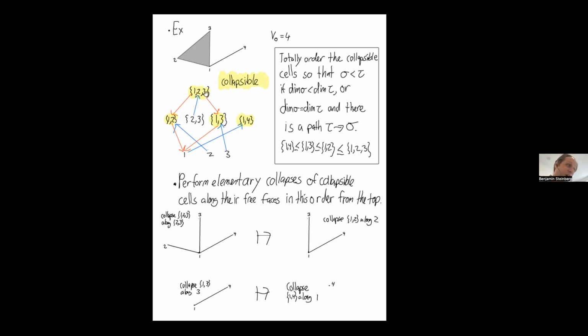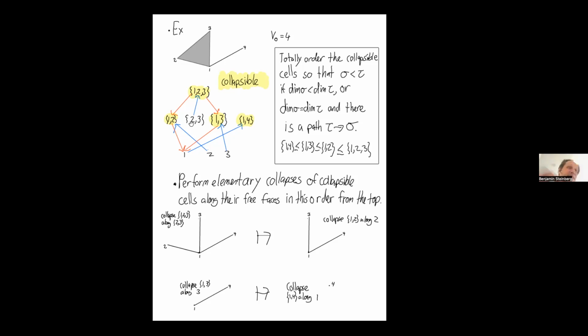So for instance, this is an ordering of the sort I want. First of all, 1,2,3 has to be the biggest because it has the largest dimension. 1,4 has to be the smallest because there is a directed path from 1,2 to 1,4, and there's a directed path from 1,3 to 1,4. So according to this rule, 1,4 must be the smallest. 1,3 and 1,2, you could choose any ordering you like on them, because they have the same dimension and there are no directed paths between them.